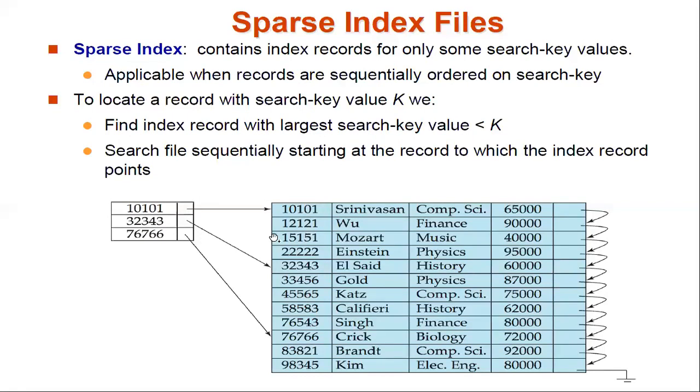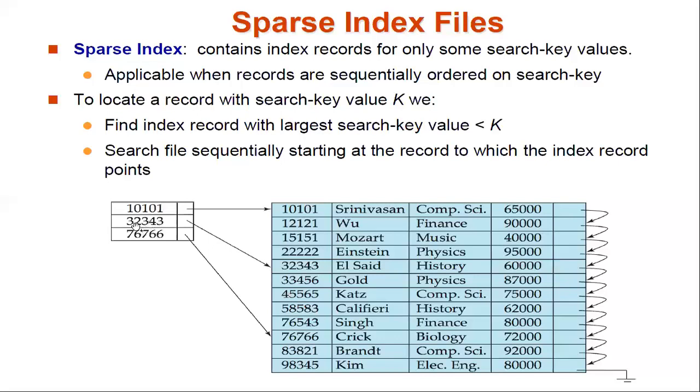To locate a particular record, first you will find the search key value, and then from the search key value you can look up the particular record. For example, suppose you want to find the record 45565. For that, you'll first find the record with the largest search key value that is next to it. That is 42343 in the index file.